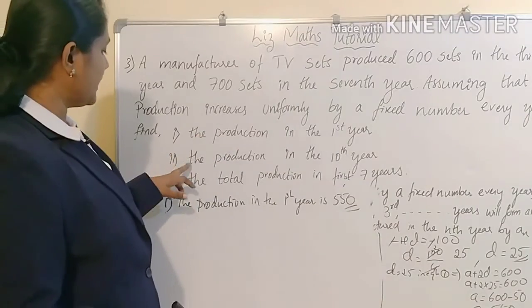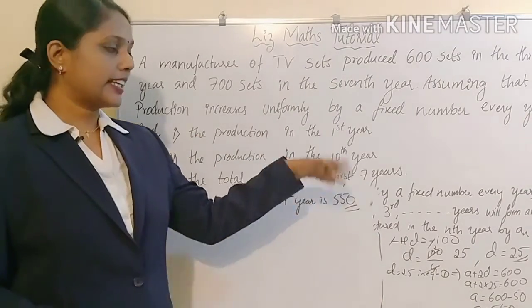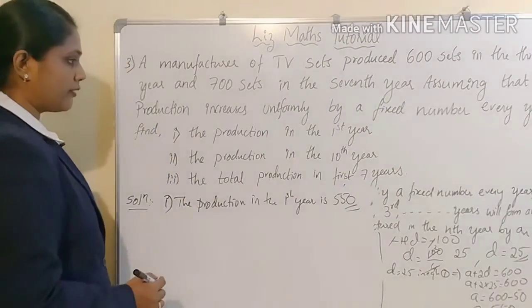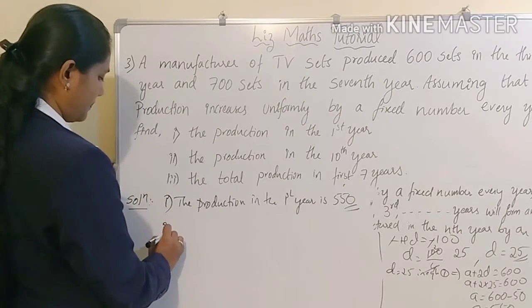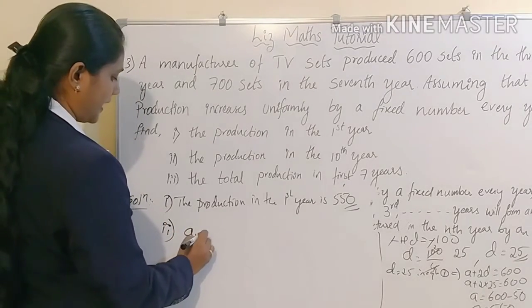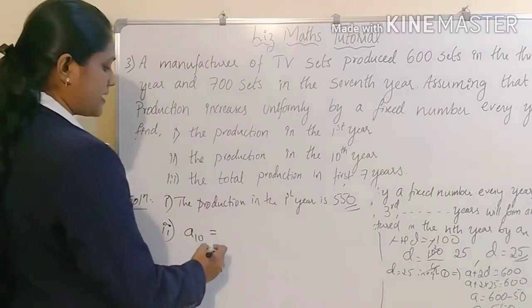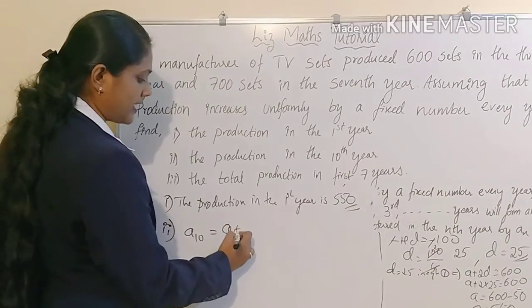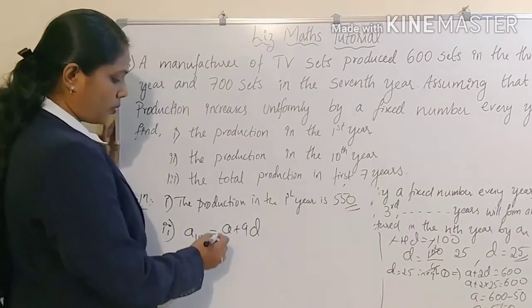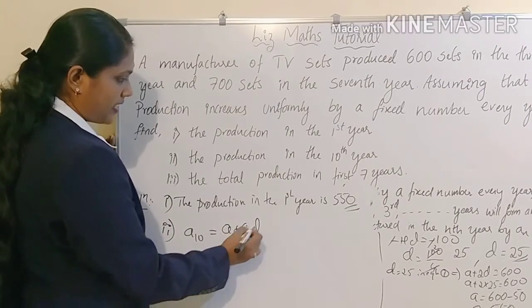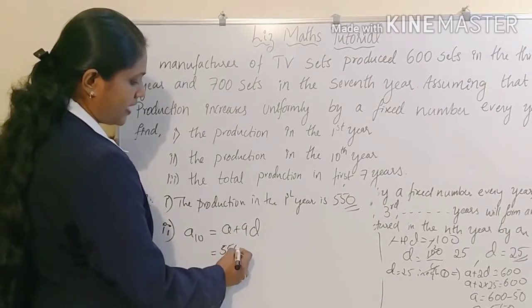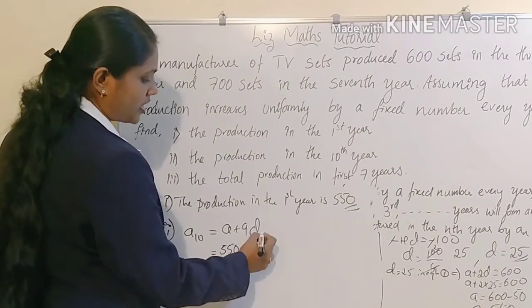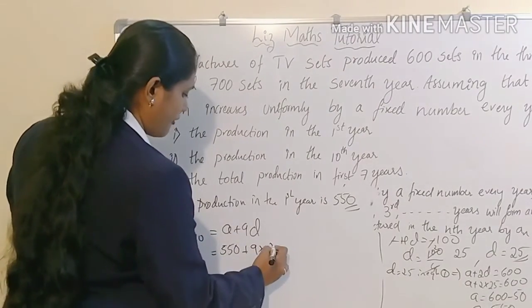Got it? What the next one? The production in the 10th year. 10th year means you have to find out A10. A10 is nothing but how you can write A plus 9D, isn't it? So what is here? A is given as 550 plus 9 into D is 25.